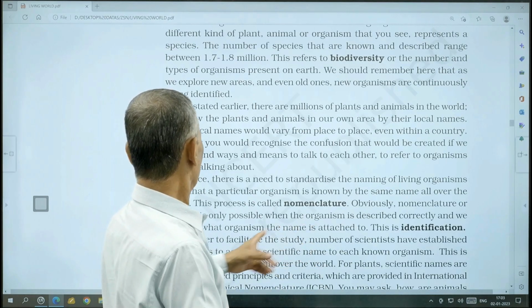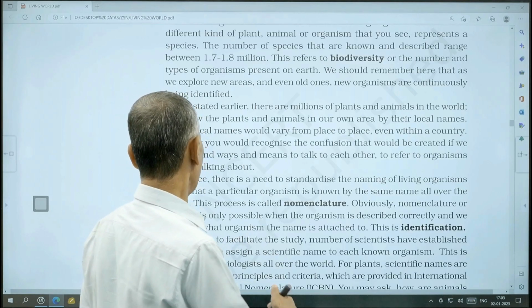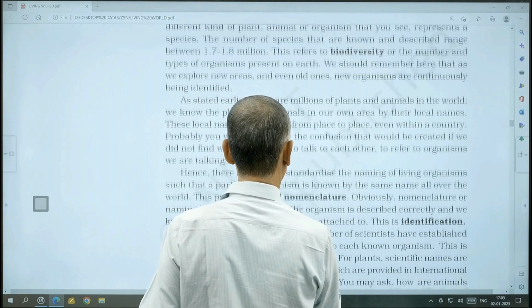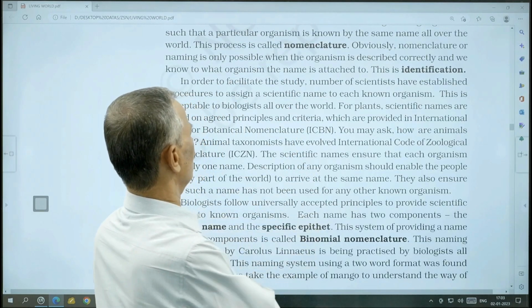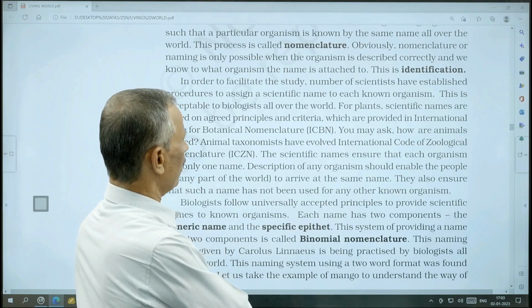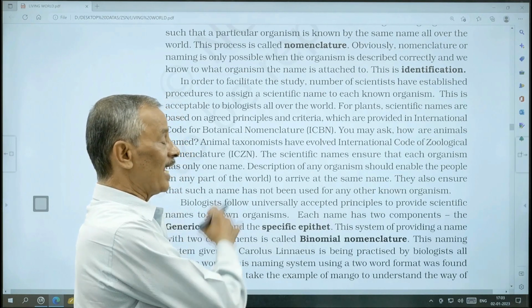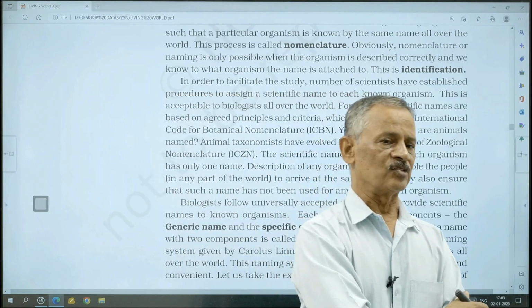And to make classification easy, they have made certain rules and regulations and procedures. Okay. We are all now having a scientific name given to all living things.